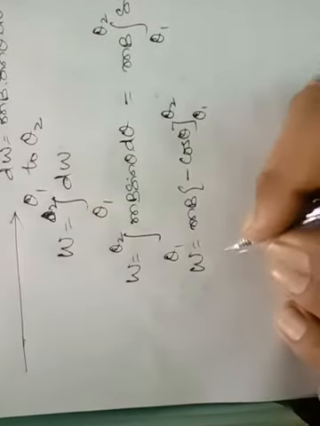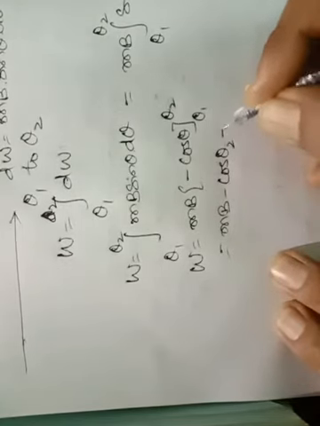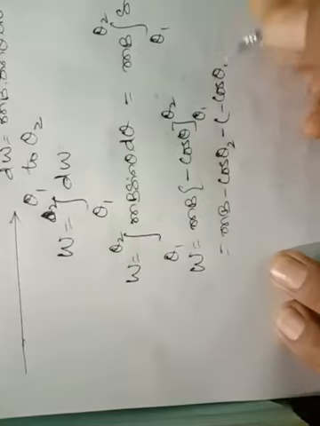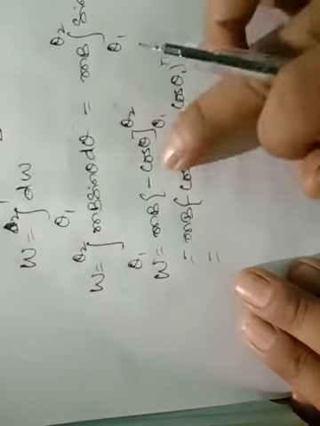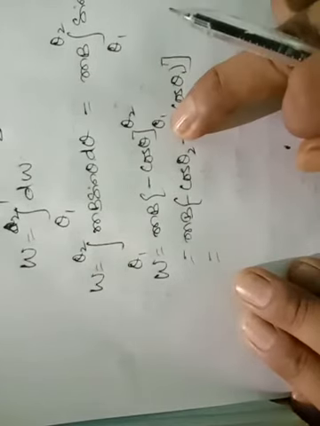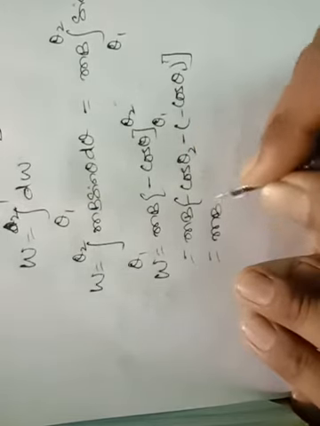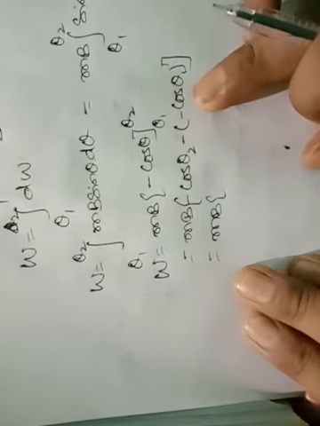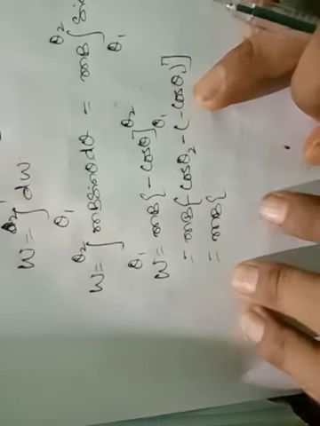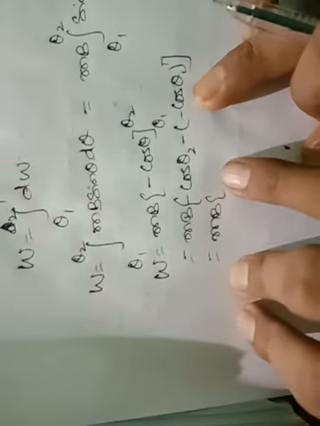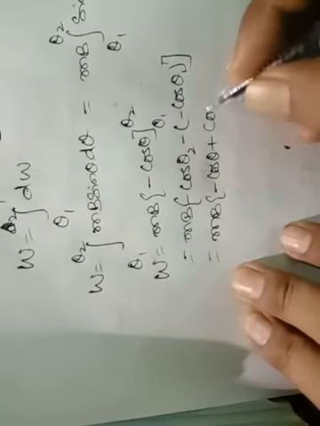Substituting this, W is equal to mB times minus of cos theta 2 minus cos theta 1. We know the upper limit is positive and the lower limit is negative. So when we put cos theta 1 here, the lower limit is negative, and negative of negative becomes positive. So it becomes minus cos theta 2 plus cos theta 1.